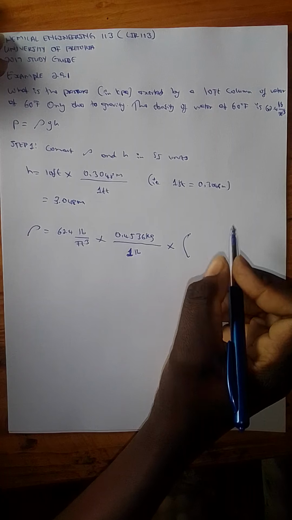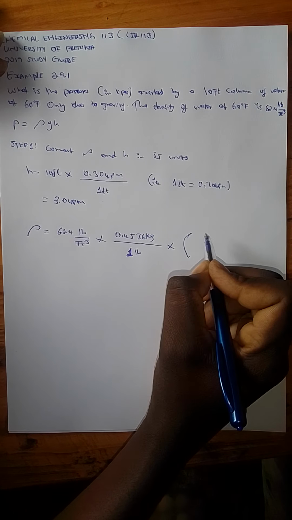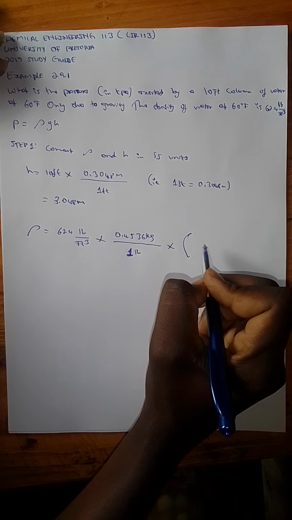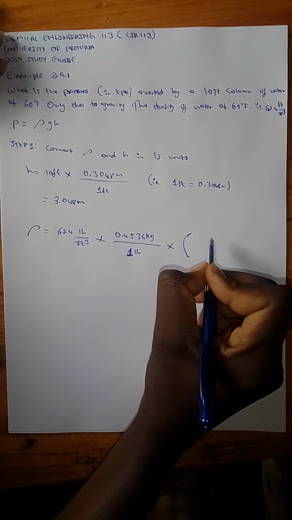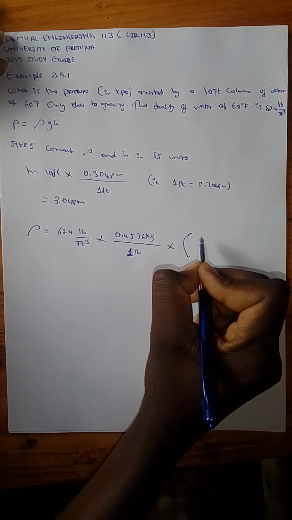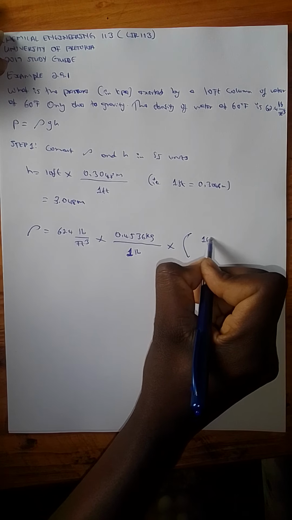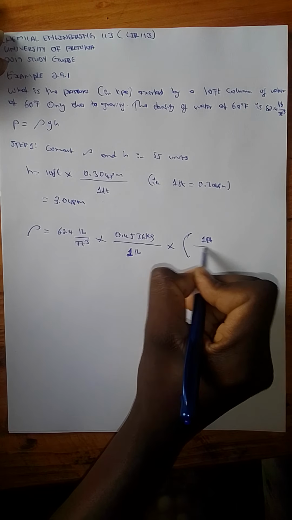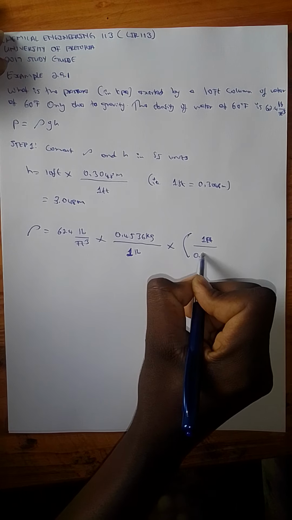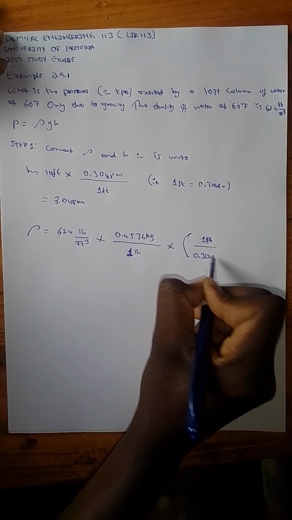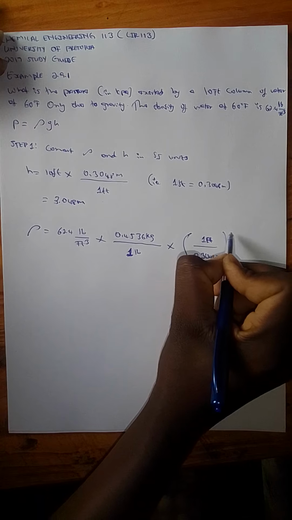I hope we remember from high school how to convert something that is squared or cubed. So we're going to say 1 feet all over 0.3048 meters cubed.